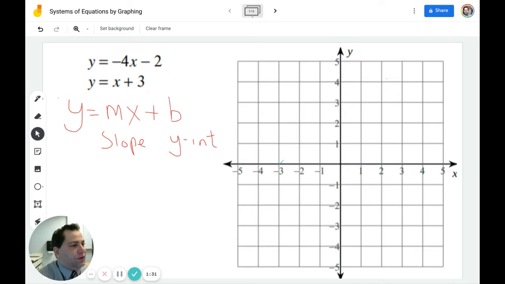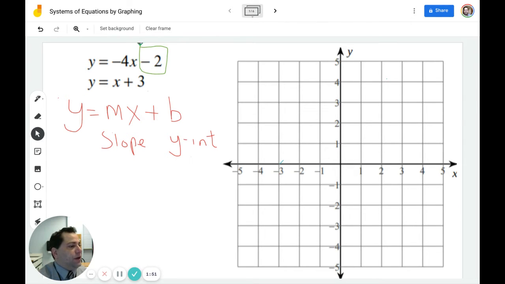So when graphing in slope-intercept form, I always like to start with the y-intercept. So if I look at the first equation, y equals negative 4x minus 2, the y-intercept should be the number without any variables. And I see that it is negative 2.